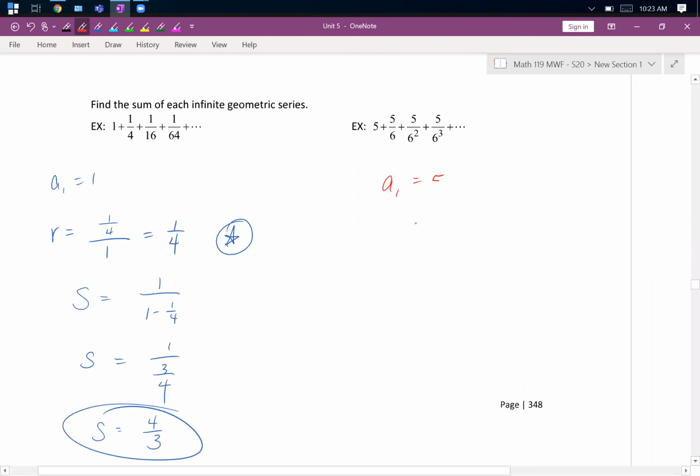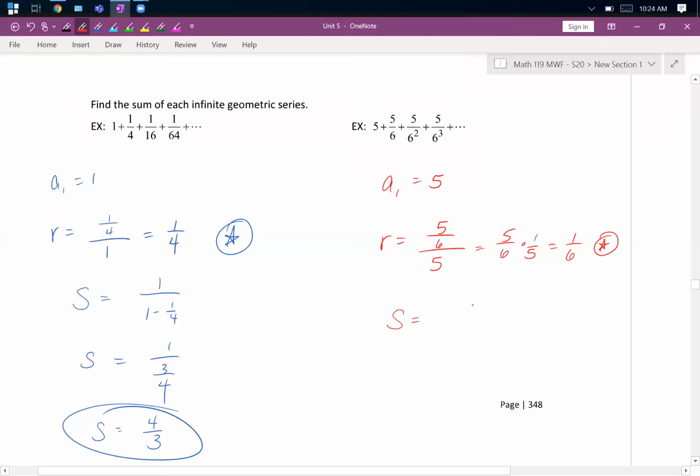a sub 1 is 5, so let's check out what our r value is. We take our second term and divide it by our first term. We're getting 1/6. So that means that our sum is going to exist because we have a number less than 1.